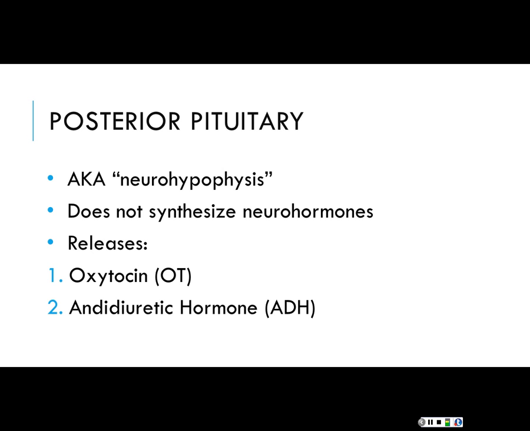A lot of the hormones tell you what they do, like antidiuretic hormone is a hormone that, anti means against. Antidiuretic. It holds water in the body. Your urine output would go down with the antidiuretic hormone.